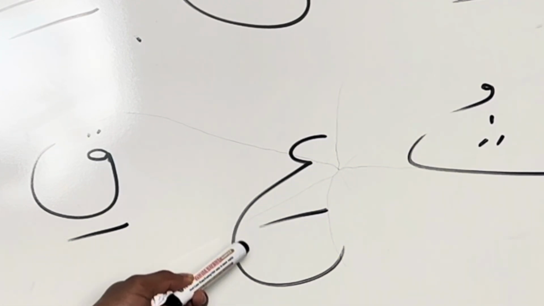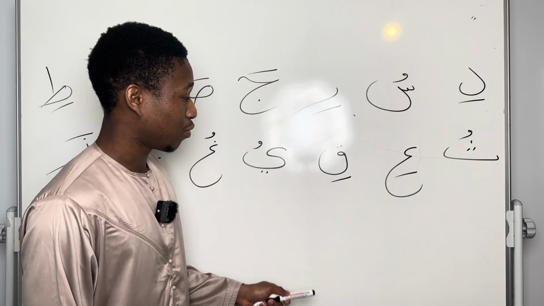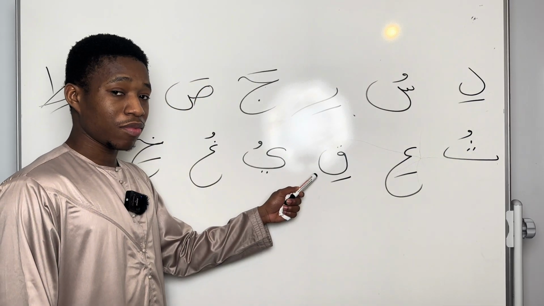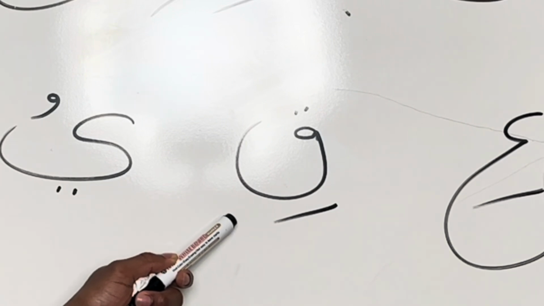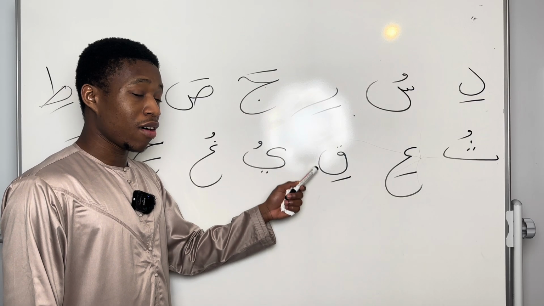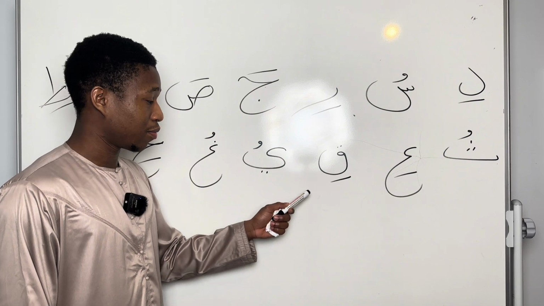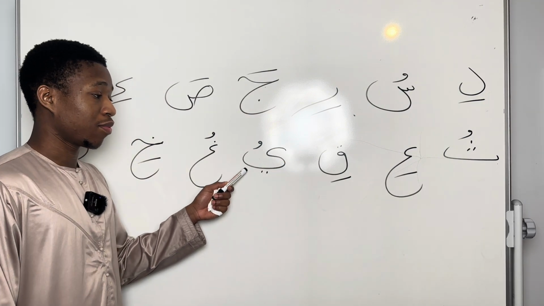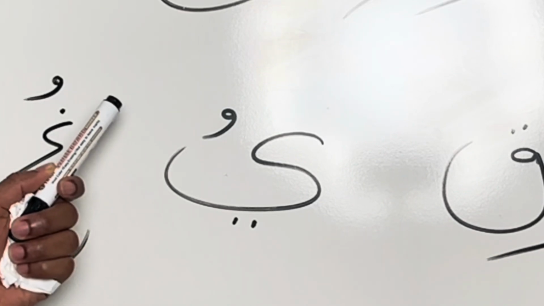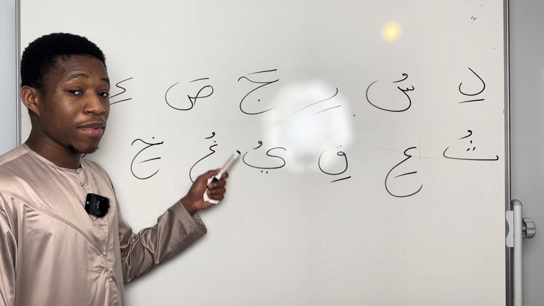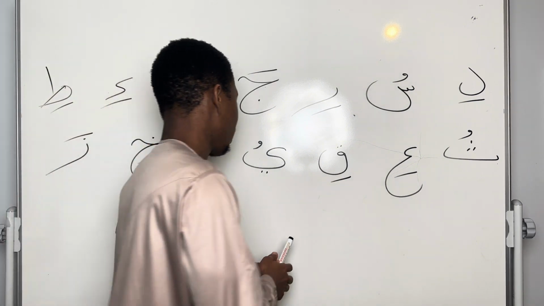That's Ain Kasra I. Good. This is Qaf Kasra Qi. That's Ya Dhamma Yu. Okay.